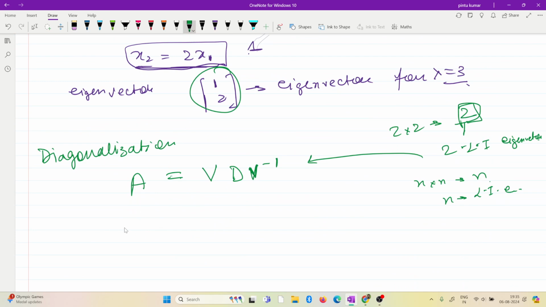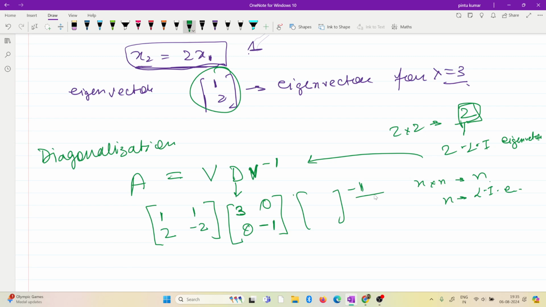The D matrix you obtain by writing eigenvalues on the diagonal entries, and the rest is 0. And V you obtain by writing your eigenvectors as columns. So first you wrote 3, so you should write the eigenvector corresponding to 3, then the one corresponding to the second eigenvalue, and you can write the suitable inverse over here.